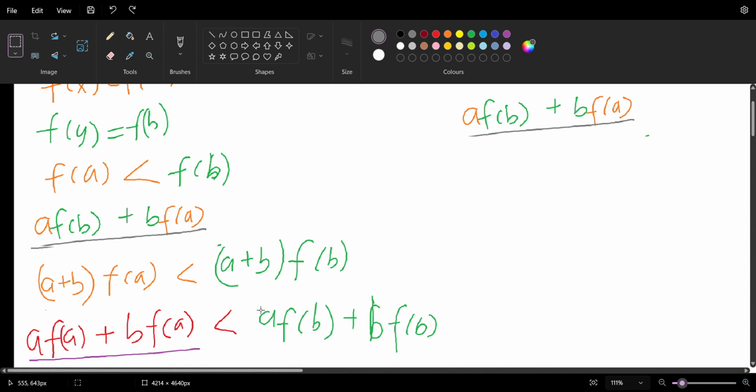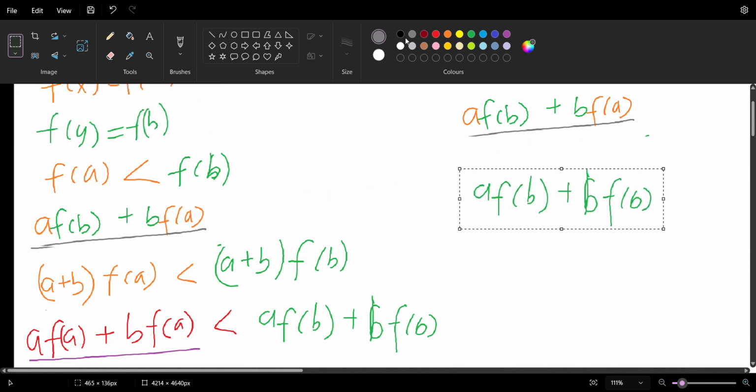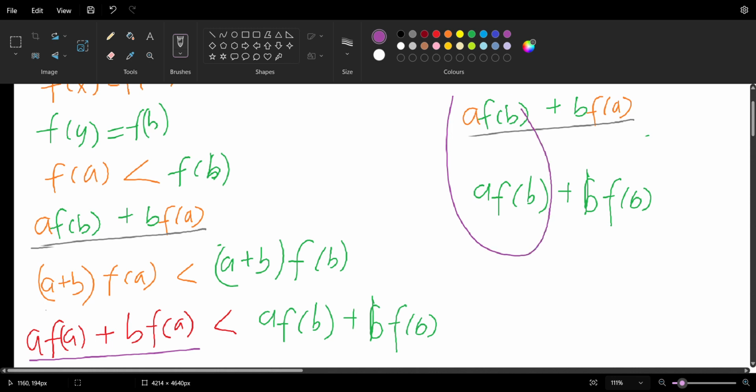So, let's do the same comparison with the right hand side of the inequality. I'll soon have to end this video. Ctrl C, Ctrl V. Alright, if we are doing the same comparison, we can see that this place is exactly the same thing.